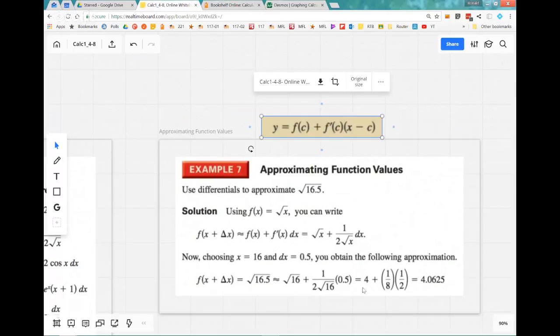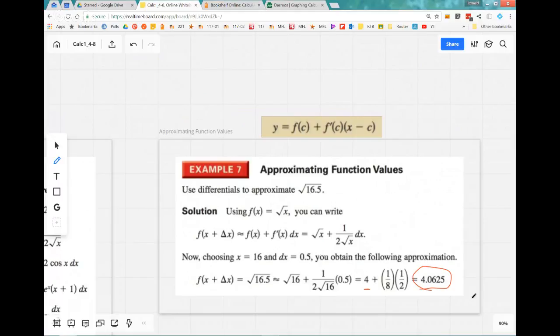The square root of 16 we know, that's 4. 2 times the square root of 16 is 8. So we have 1/8 times 0.5, which is 1/2. Well, you work that all out and you get that for your approximation.